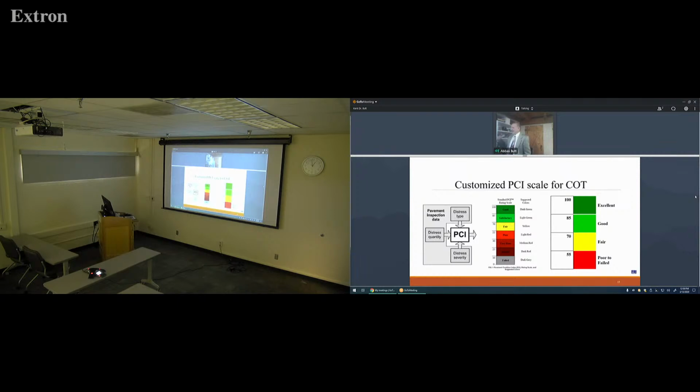Therefore, we were able to customize and populate the data as per the city's PCI scale, which we call the customized PCI scale.